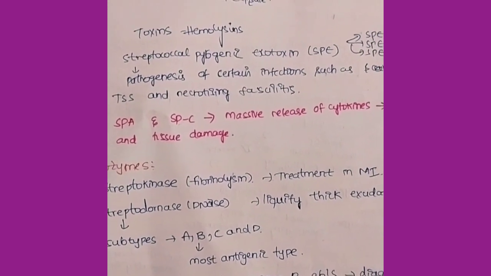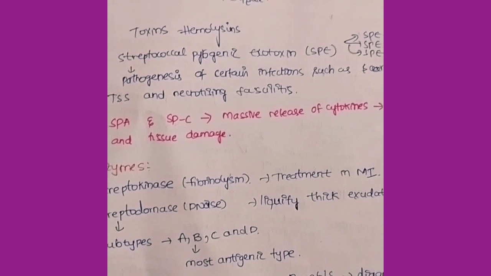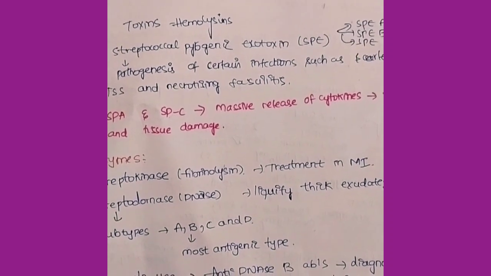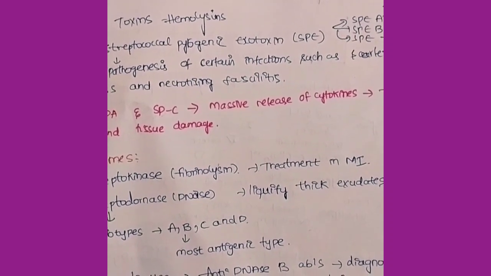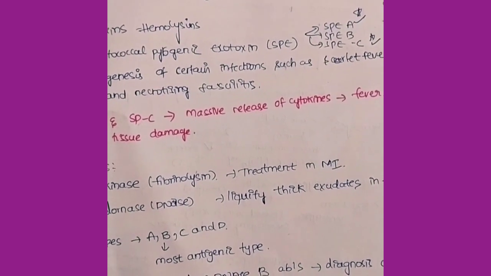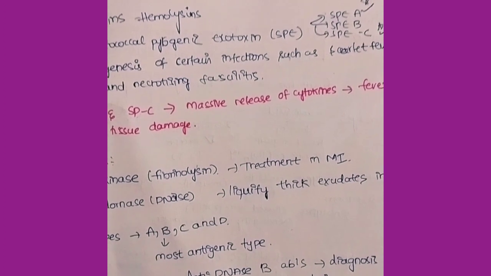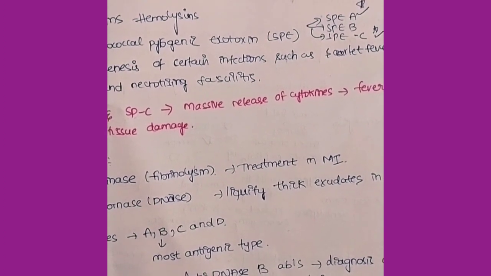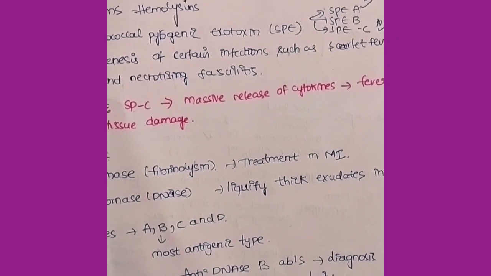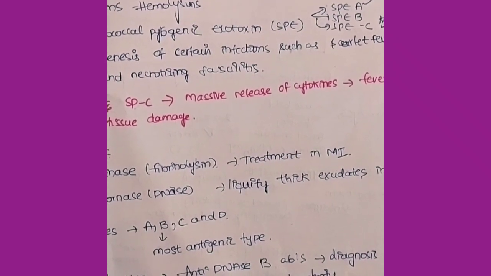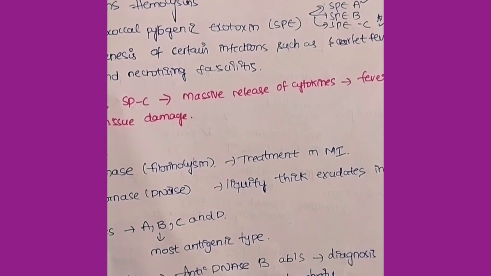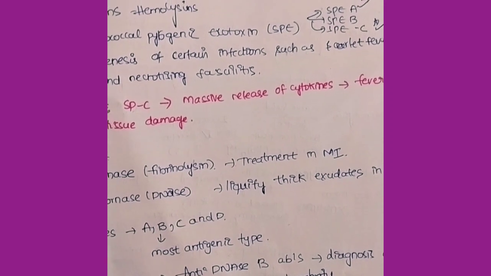Streptococcal pyrogenic exotoxin, as pyrogenic suggests, causes fever. These SPEs are divided into SPE A, B, and C. A and C are superantigens. Without APCs, they directly bind to the variable region of the beta chain and are directly recognized by T cells, leading to massive cytokine release.